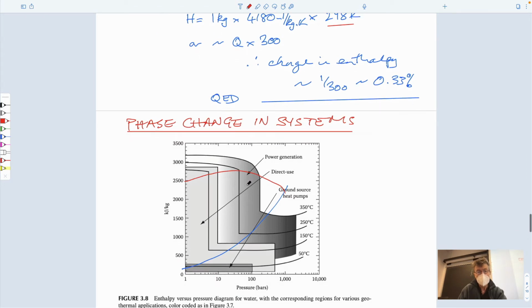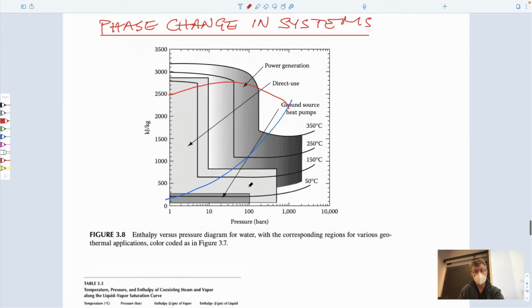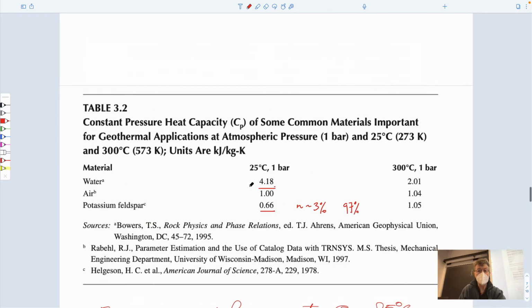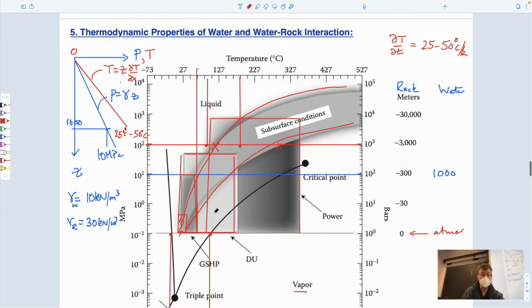So another way to think about this in these systems, so this only gives us the range of pressures and temperatures that we might expect. Pressures are defined by the height of rock above them, which is the maximum cap on the pressure cooker that can hold in the maximum pressure due to the overburden weight. And so the maximum pressure that can be present due to the heating of the water can be the lithostat, which is given here.